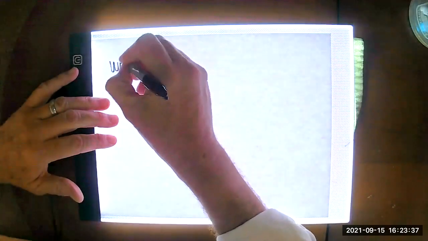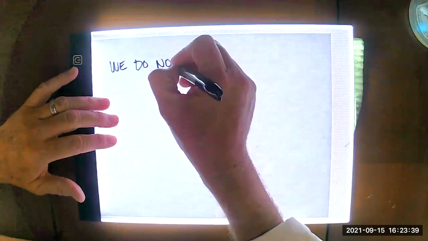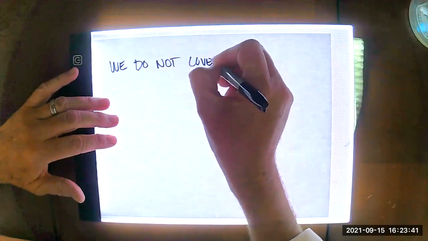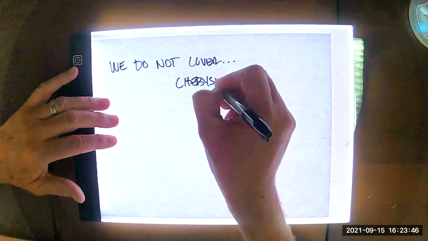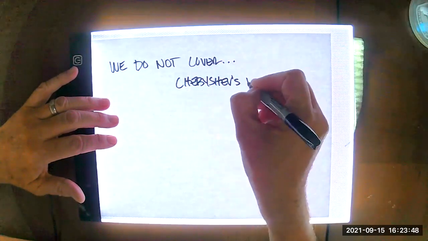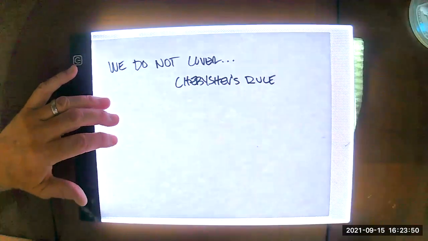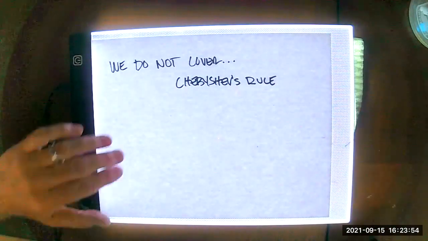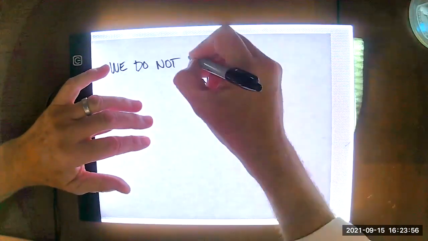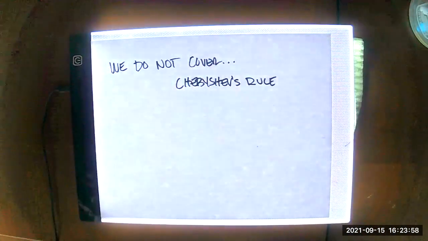There's one other rule in there, and I will just mention it briefly to note that we do not cover something called Chebyshev's Rule. And by the way, if any homework questions regarding Chebyshev's Rule sneak in there, don't let it throw you.